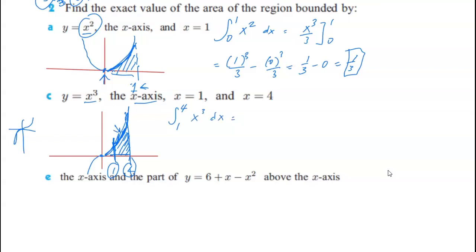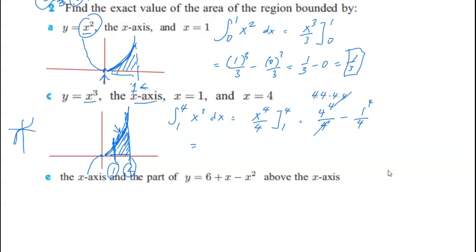So that'll be the integral of x cubed is x to the 4th over 4. And then bracket 4 and 1. And then we substitute in the 4, we substitute in the 1, so we get 4 to the 4th divided by 4 minus 1 to the 4th divided by 4. So that would be equal to, actually, let's simplify a little bit. 4 to the 4th would be 4 times 4 times 4 times 4.